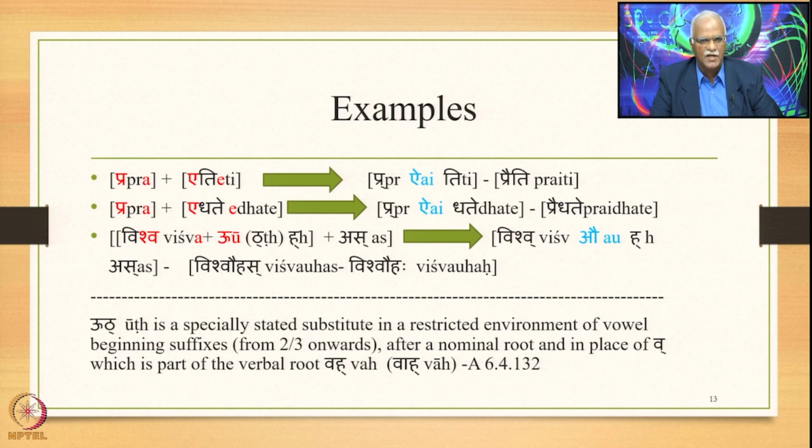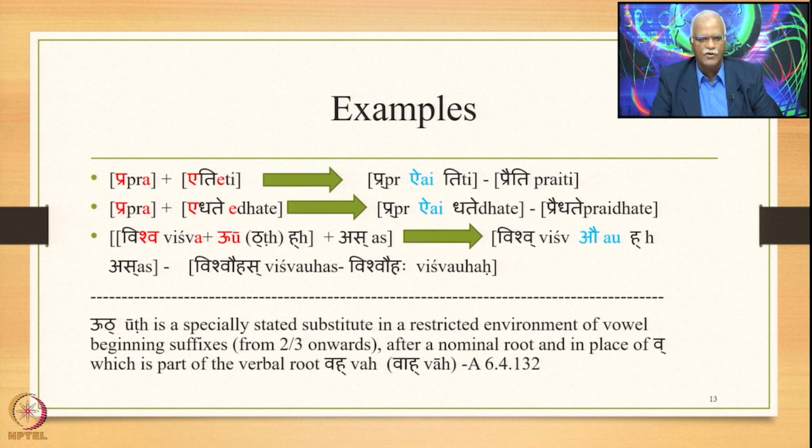Similarly, pra plus edhate, and we have pra ending in a, edhate beginning with e, and 6.189 applies, and the output generated is pra plus ai plus dhate, praidhate. Since eti and edhate both begin with e, 6.189 has applied.